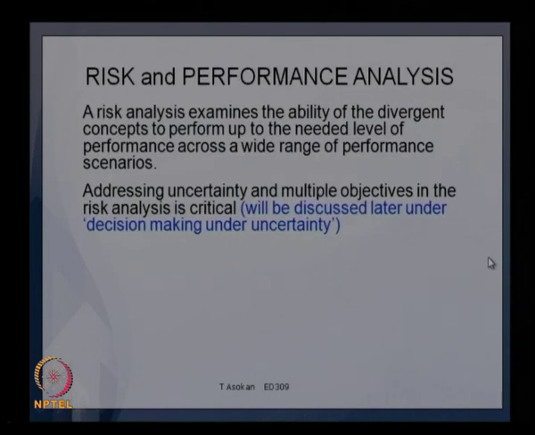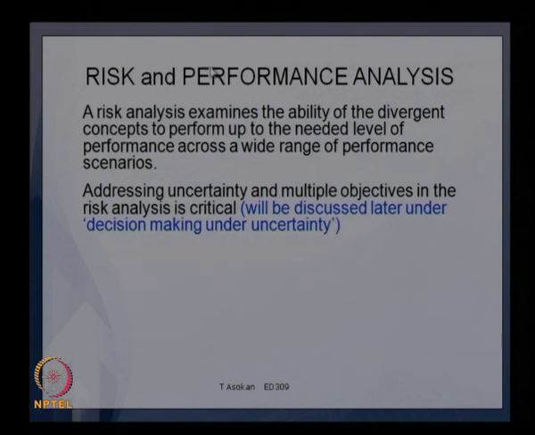Okay, other things to be considered when we do the allocation architecture are the risk and performance analysis. The risk analysis examines the ability of the divergent concepts to perform up to the needed level of performance across a wide range of performance scenarios. We will address this separately, as we have a separate section for decision making under uncertainty.